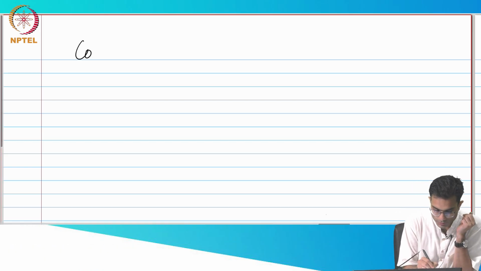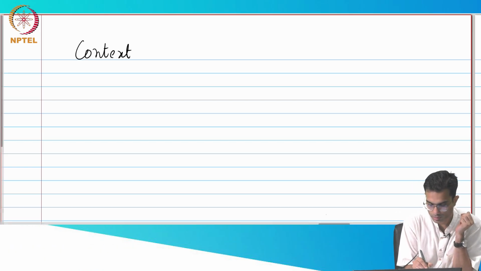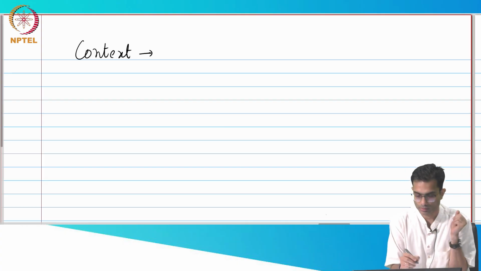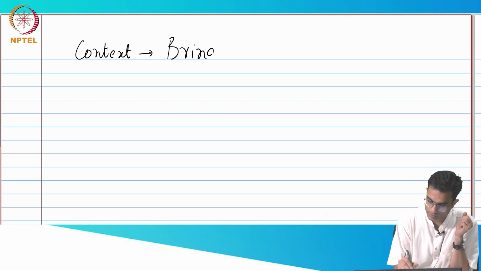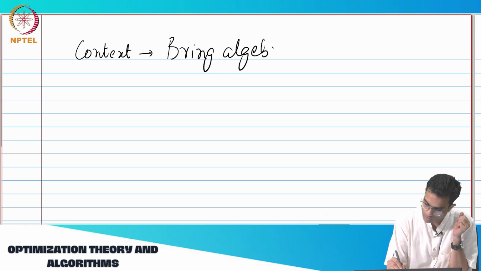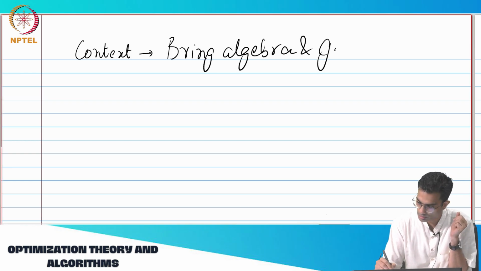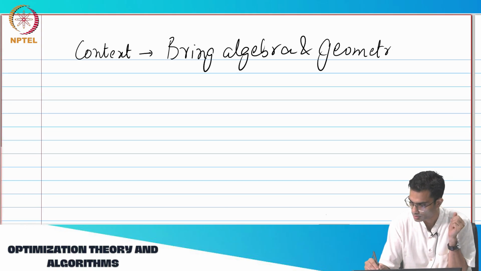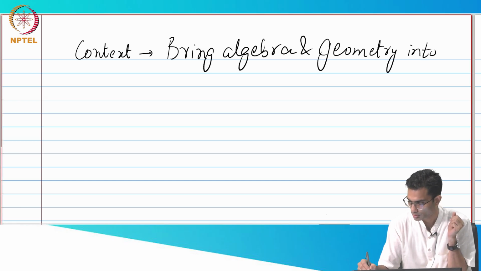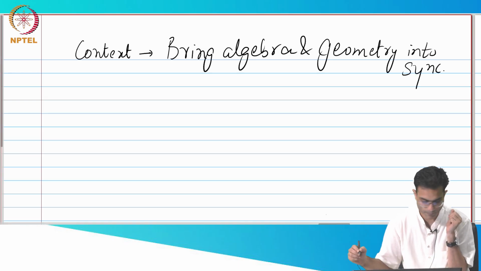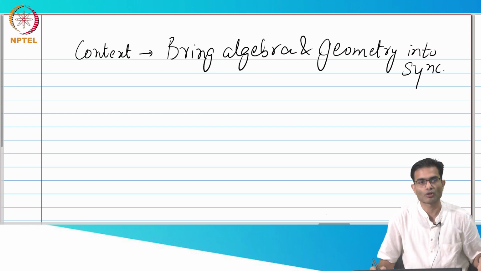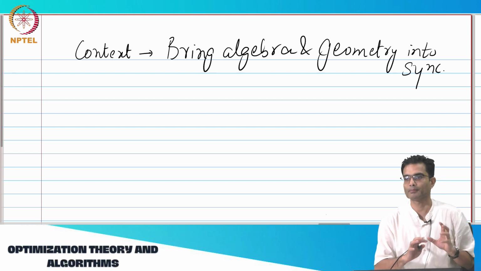So what is the context over here? It's very simple. Bring algebra and geometry into sync. In order to do this, we have spent a lot of time in building up algebra.